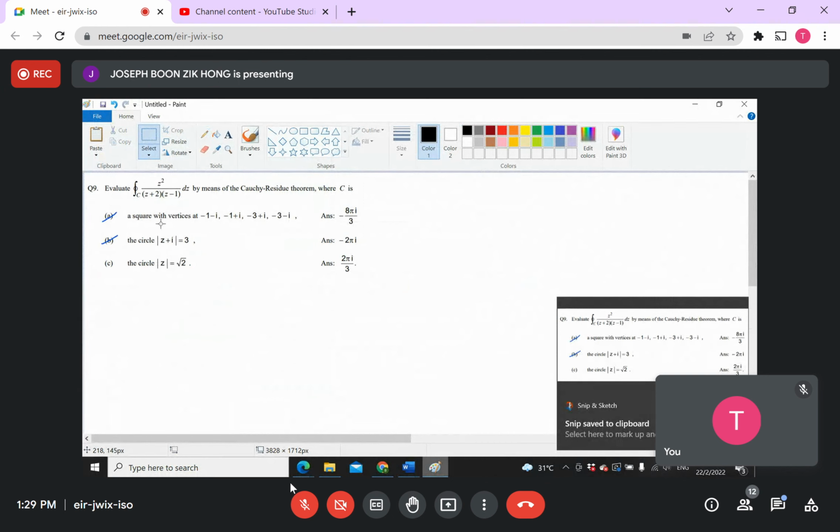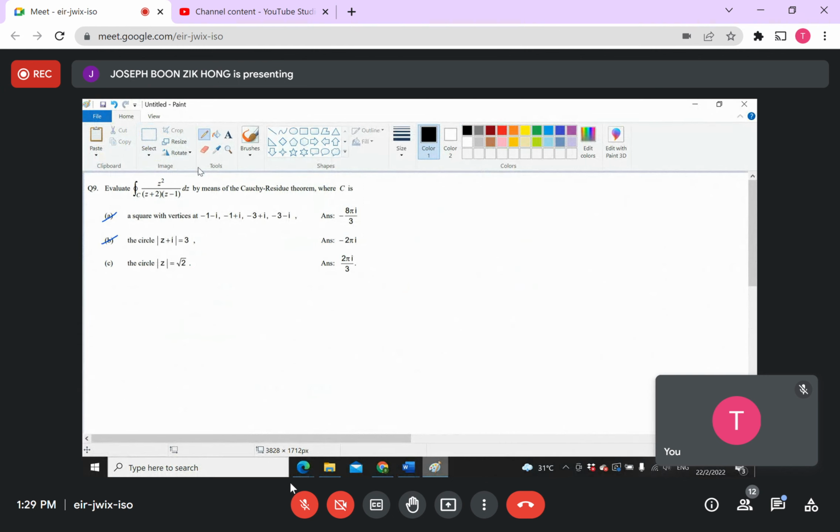Okay, what we see here are simple poles at z equal to -2 and z equal to 1.